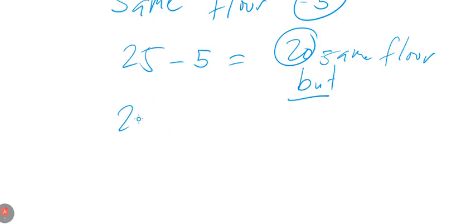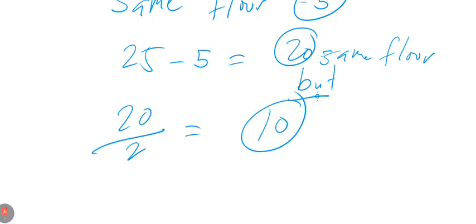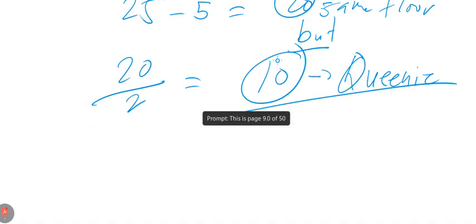So we write 20 divided by 2, which equals 10. So 10 outcomes where Queenie is higher than Polly, and 10 for Polly being higher than Queenie.